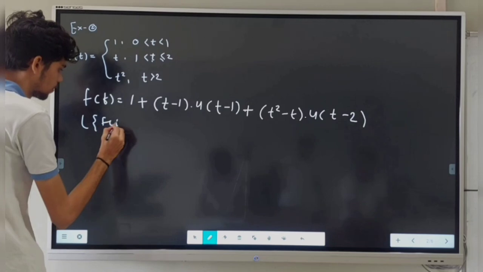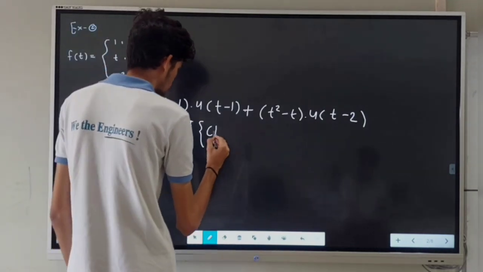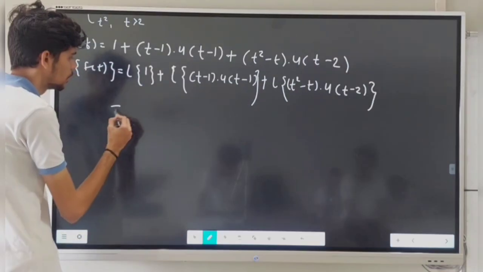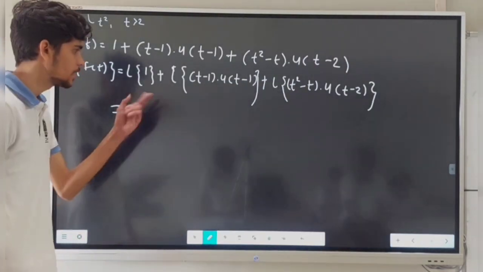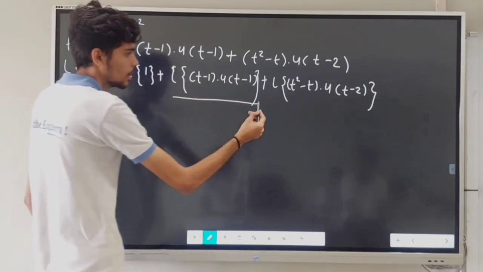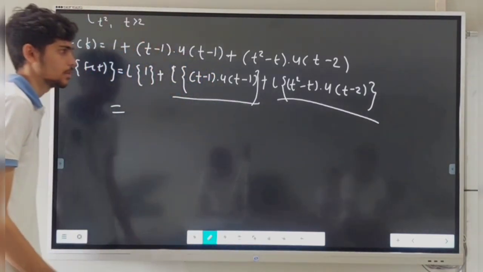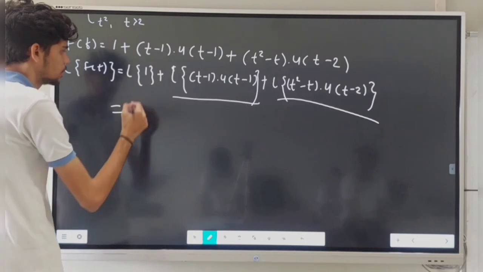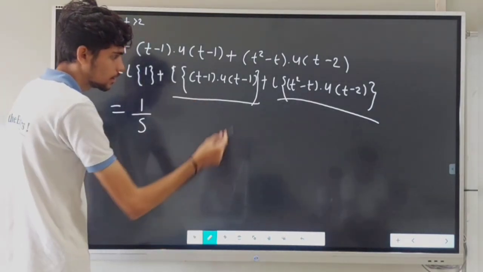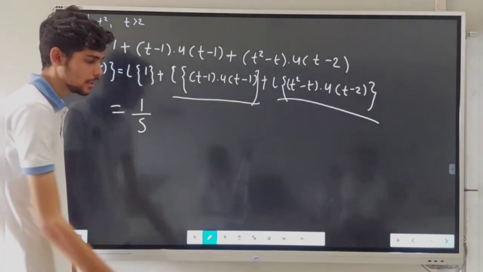We take the Laplace of 1 easily, but we have to use the formula for the other two functions. The Laplace of the first is 1 upon s. For taking the Laplace of the others there is a property.